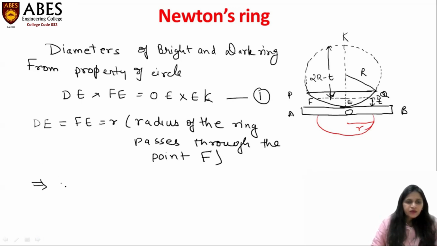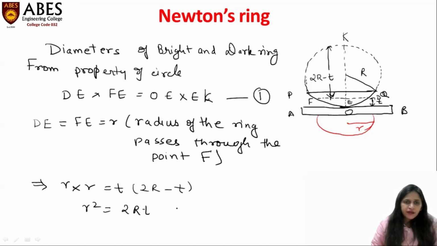R into R is equal to OE, which is T, and EK, which is 2R minus T. So it becomes R square is equal to 2RT minus T square.